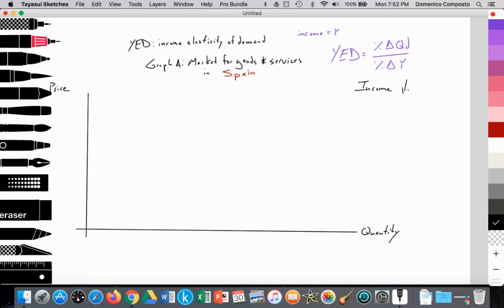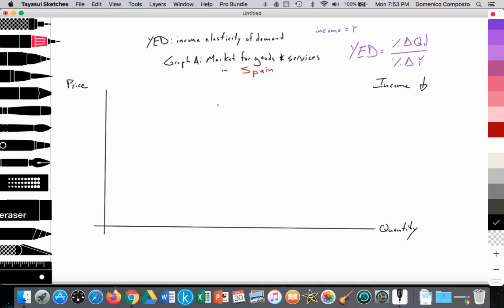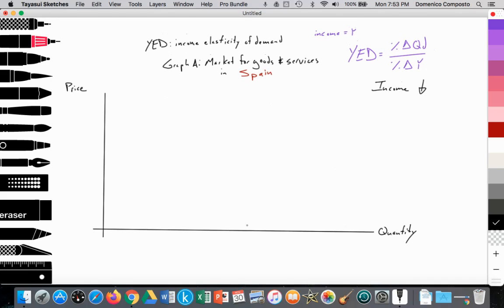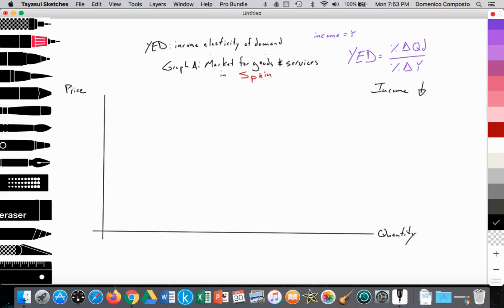is falling. So we're going to be using this graph for measuring the quantity of goods and services in Spain that are demanded, the price of those goods, and then there's a third variable, income, which we're assuming is going to be falling.